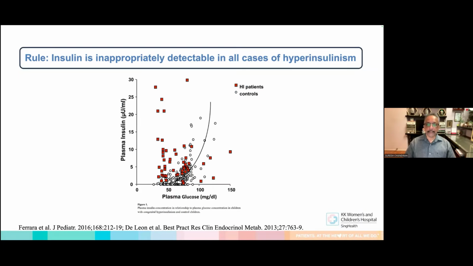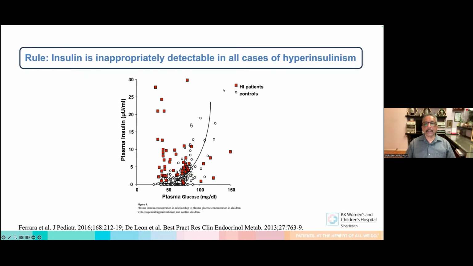But do you know that this is published by Diva De Leon from CHOP in Best Practice and Research Clinical Endocrinology and Metabolism. You can see that the insulin levels are plotted on the y-axis and the glucose levels on the x-axis.